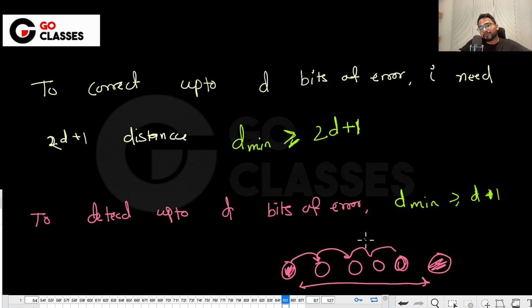But if you want to correct up to d bits of error, then I need basically 2d invalids in between, which means the distance should be 2d plus 1. But if you want to detect only, then I need d invalids in between, which means I need d plus 1.